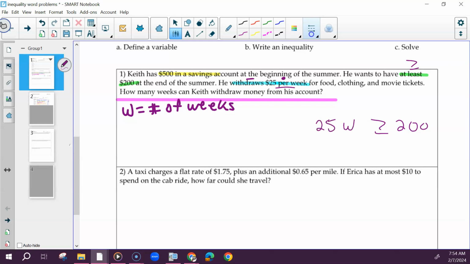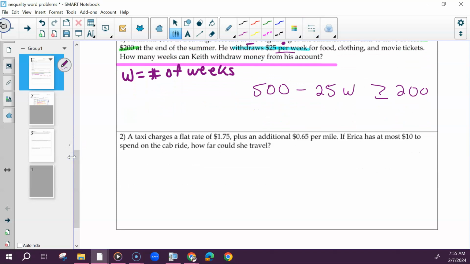Close. It is going to be 25W, but we're not subtracting the 500. We are subtracting, but we're not subtracting 500. There we go. We're subtracting the 25W from the 500 because that's how much he has, and we're subtracting 25 from it each week. Then we can solve for W. Go ahead and do that.